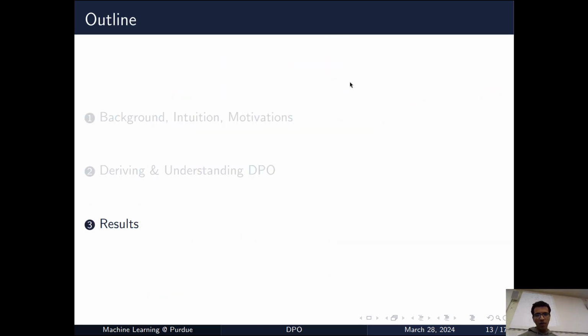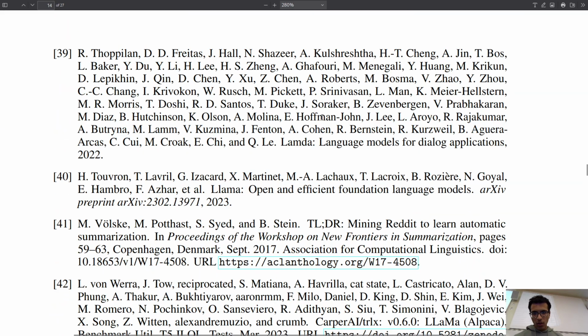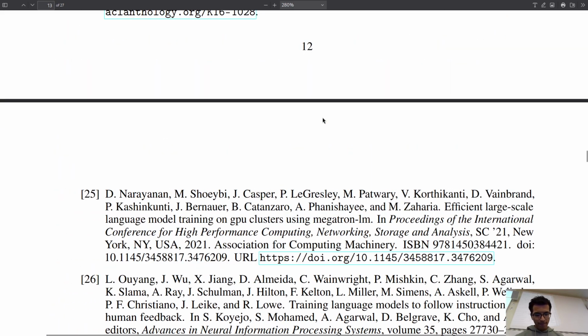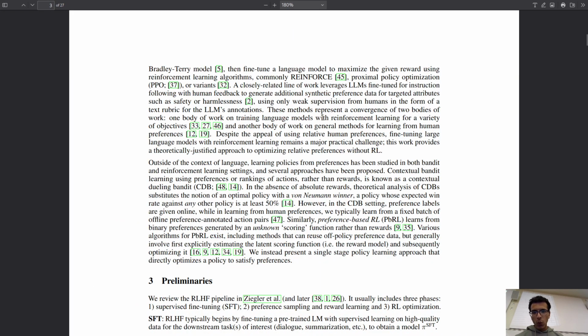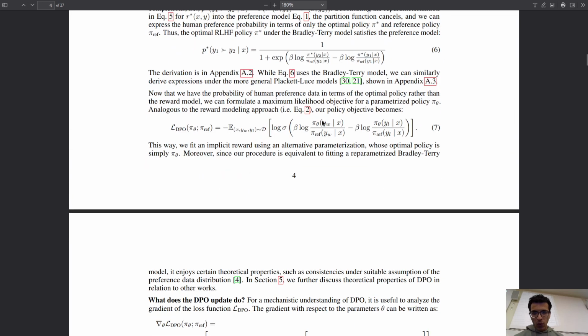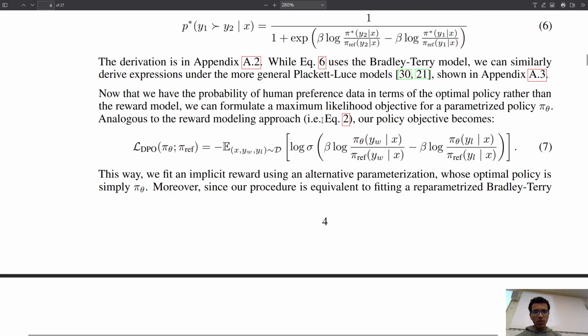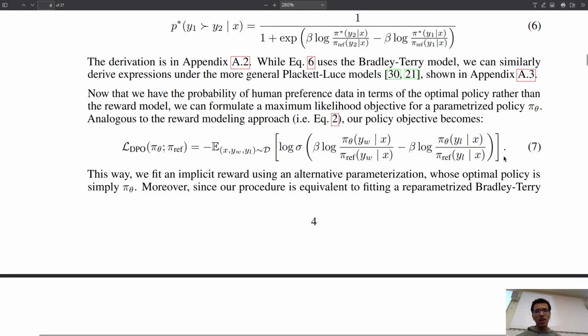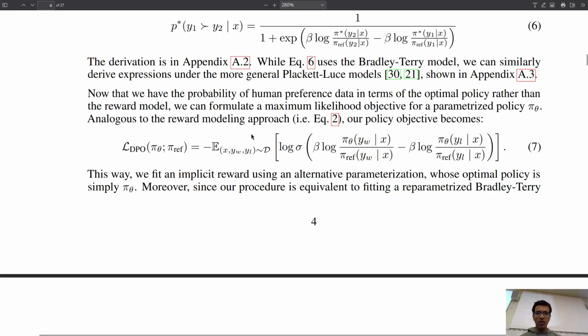Let me see if I have it over here. Here, yeah, I do have that. They're basically just this, but it's a sigmoid, more explicitly, log sigmoid.